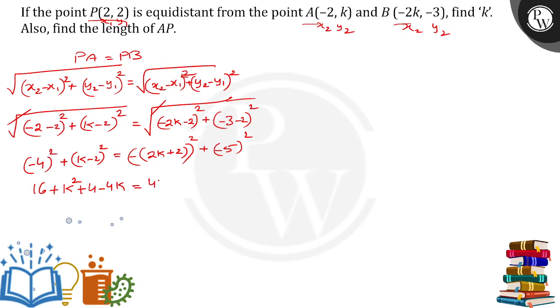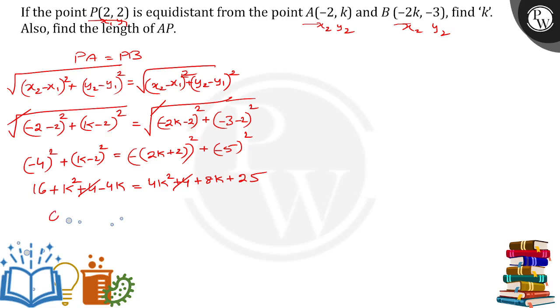So I will get 4k square plus 4 plus 2 into 2k into 2, so I will get 8k plus 25. Okay. So is there any cancellation possible? Yes, only plus 4 can cancel. Right. The remaining we have to transpose all the values from LHS to RHS.